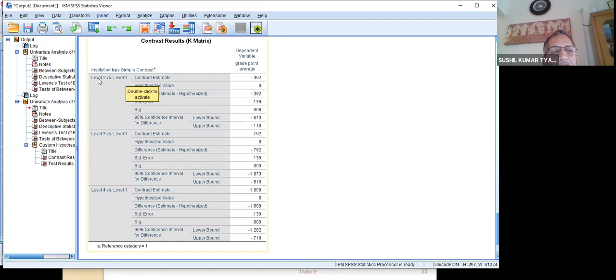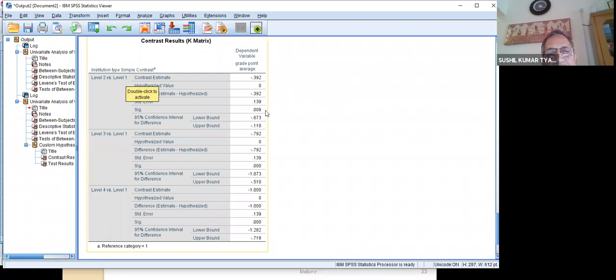That means I am comparing constituent college with department. So the contrast is minus 0.392, means the CGPA of constituent college is less than the CGPA of the department. Now this is the significance value, 0.008.